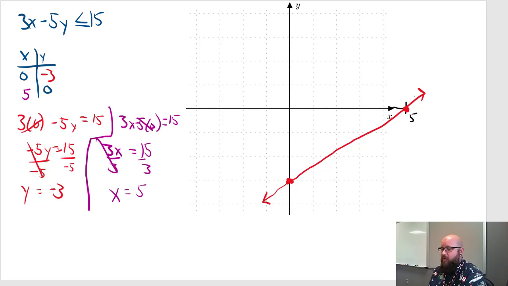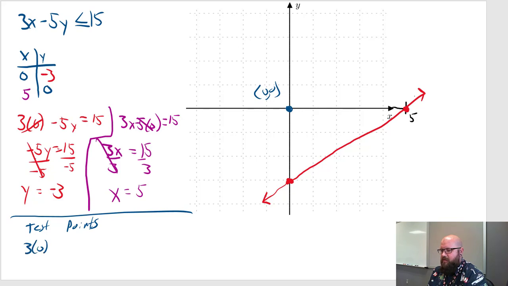So now we need to test a point from either side of this to see what's going to go on. So I'm going to go ahead and take, for one test point, let's see, we'll use blue. I'll take one test point of 0, 0. Let's see if that works. So if I was to put in 0, 0 here, say 3 times 0 minus 5 times 0.